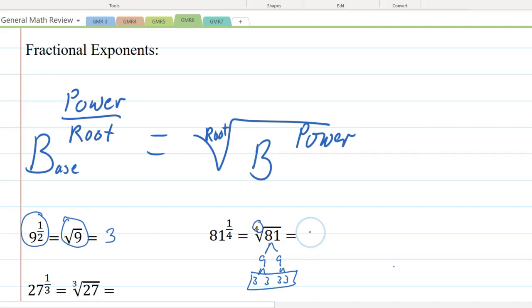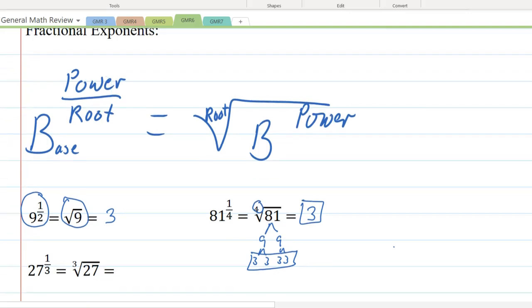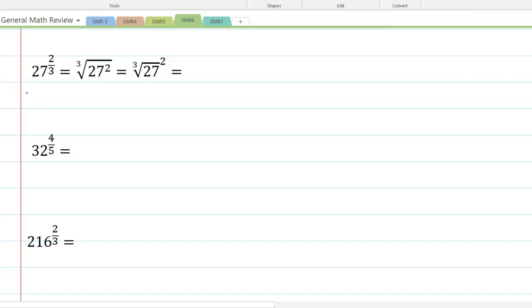My answer to the fourth root of 81 is 3. My answer to 81 to the power of 1/4 is the same. We put the bottom number as the root or the index, and the top number goes as a power or an exponent.